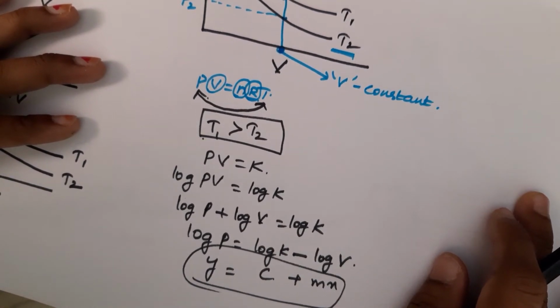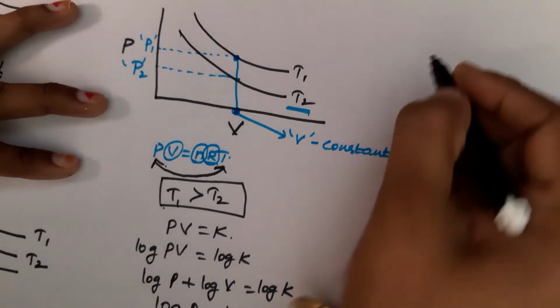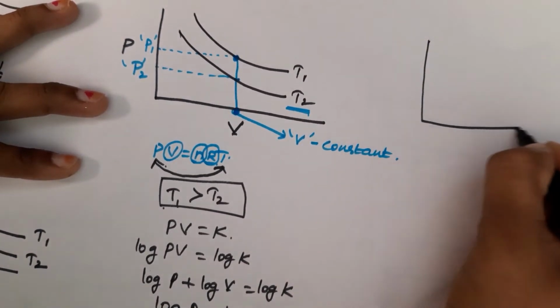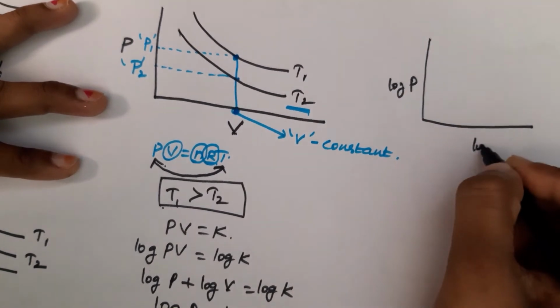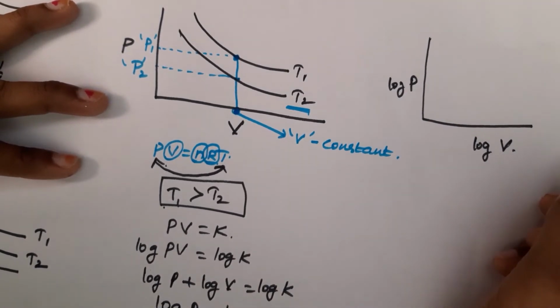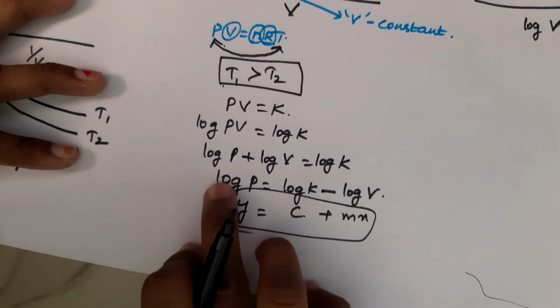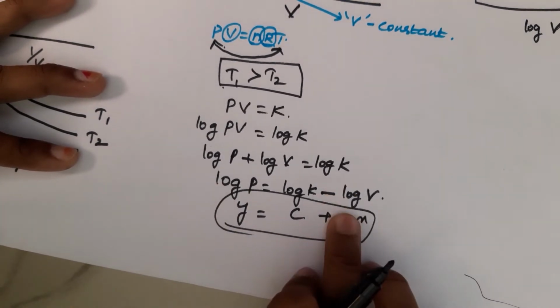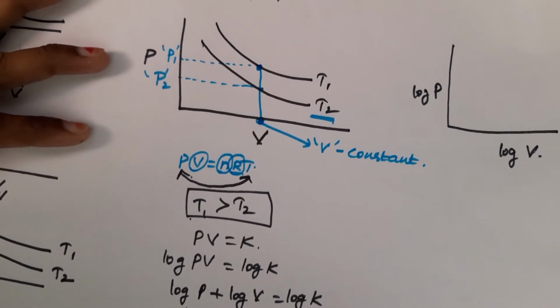Now draw the graph. Draw the graph for which, students? Now draw the graph for log P and log V. Log P on the y-axis, then log V on the x-axis.